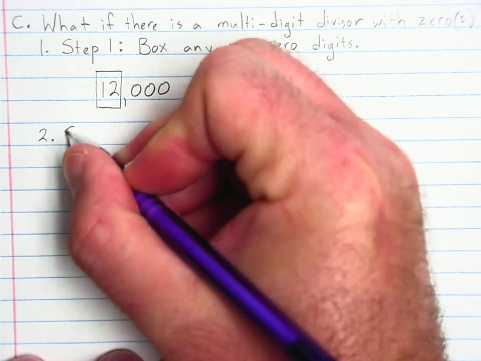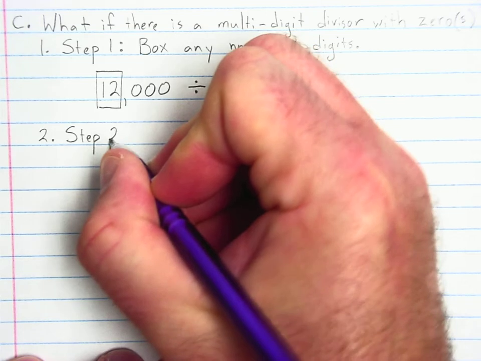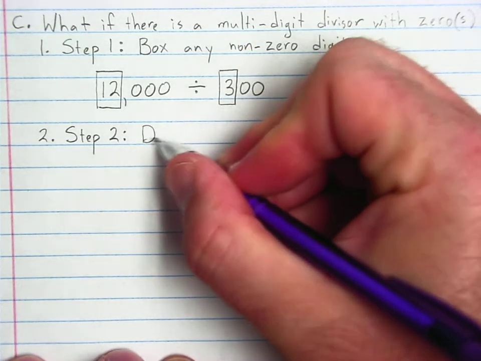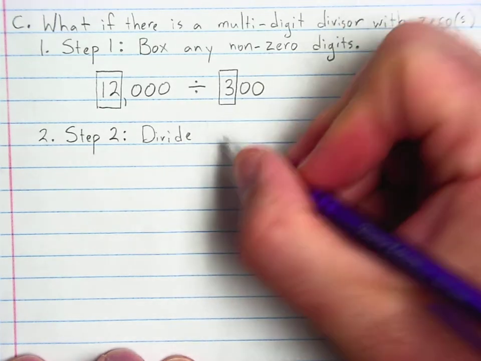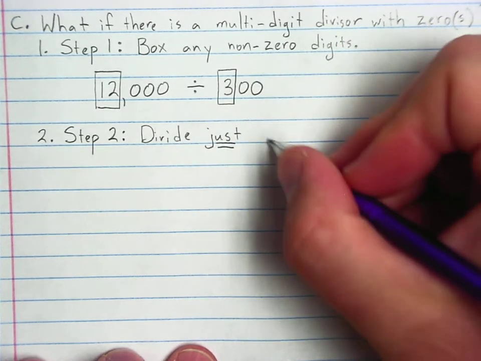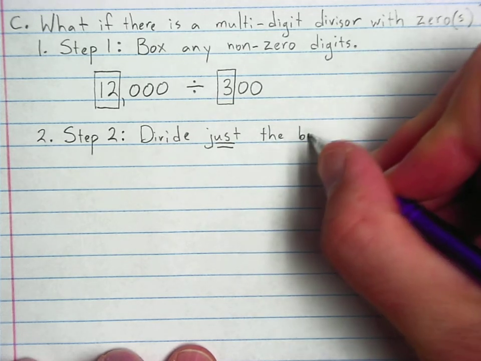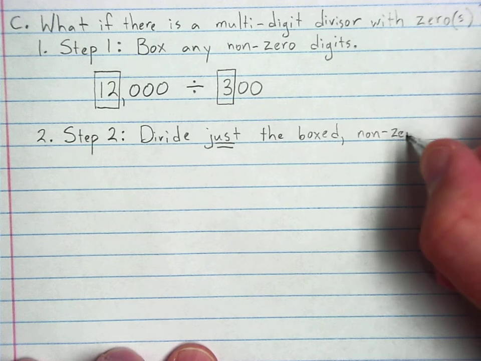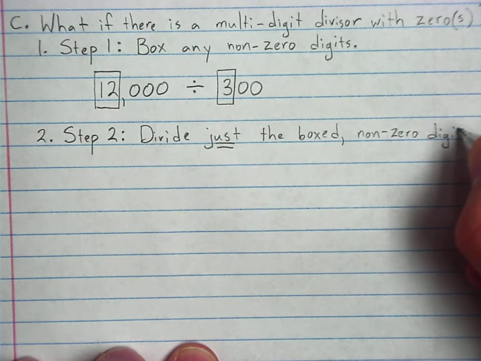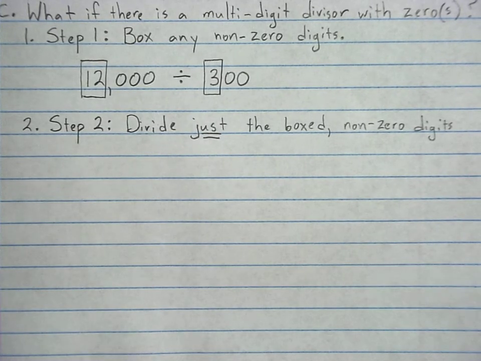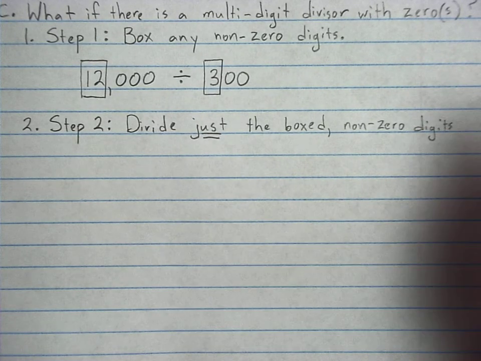Step 2. Okay, you've boxed everything up that you're going to box up. Now, you are going to divide just the boxed non-zero digits.